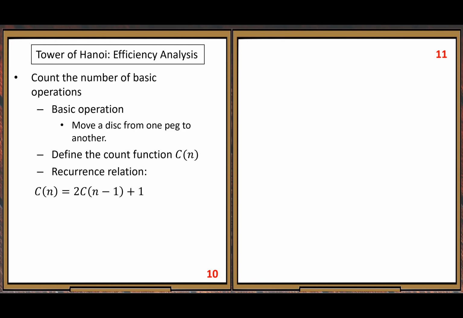How to solve? It looks not easy, because this is a recursive function. It's not our regular function. So we should solve it in a different way.